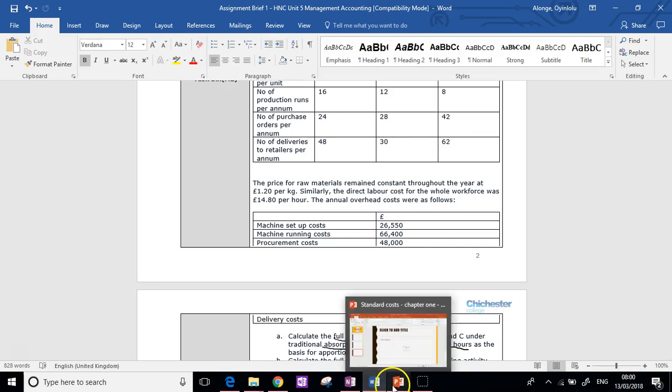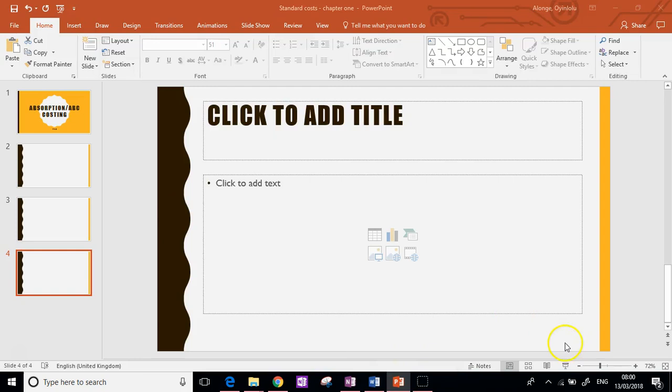overheads are being driven by labor. That's what we're saying when we talk about this idea of an overhead absorption rate. So we are saying, well, what's causing our overheads?